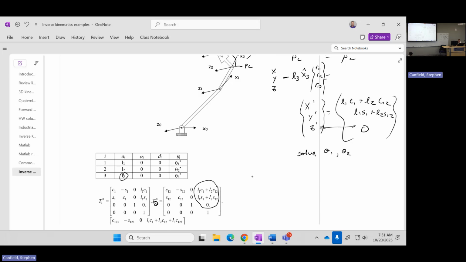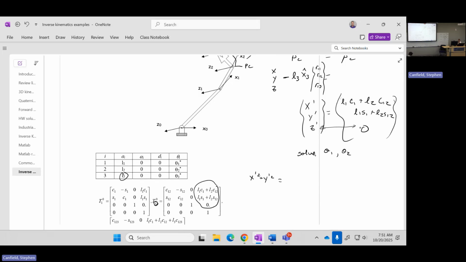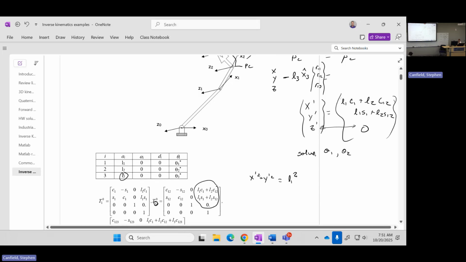So I'll square and add both equations. On the left-hand side, I get x prime squared plus y prime squared. On the right-hand side, I'm going to get this whole thing squared plus this whole thing squared. So I'm going to look at terms. I'll get an L1 squared times C1 squared plus S1 squared, which goes to 1. I'll get an L2 squared times C12 squared plus S12 squared, which also by the Pythagorean identity goes to 1.